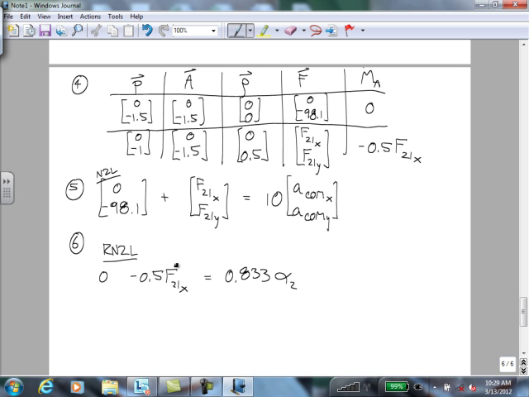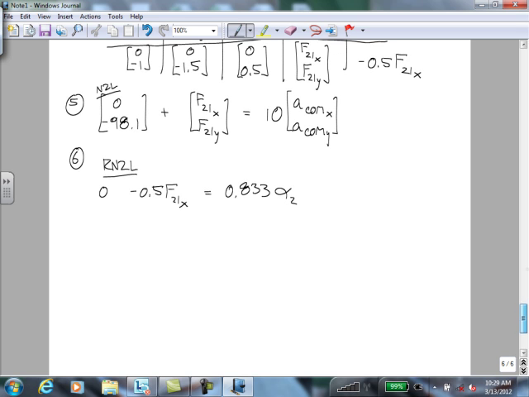Okay, so now before we update our equations, we've solved both bodies, right?